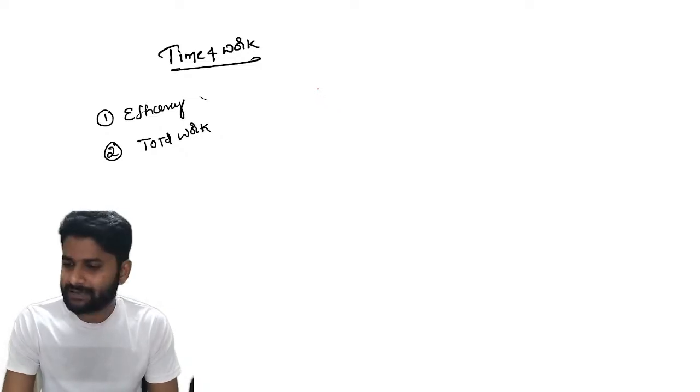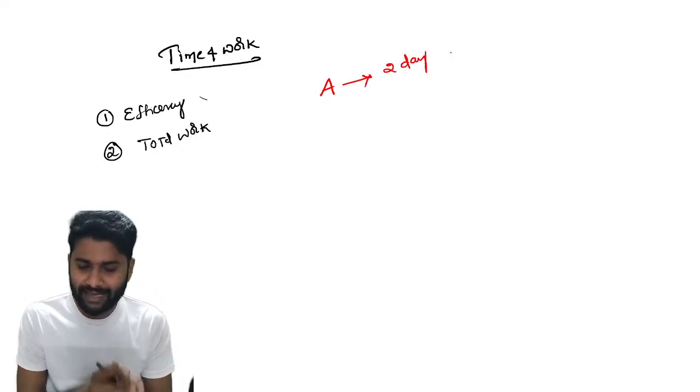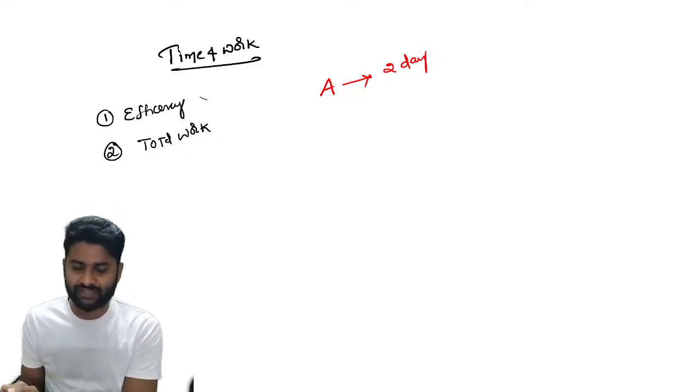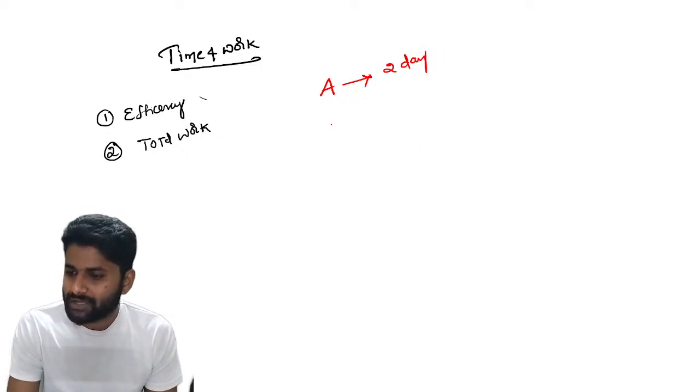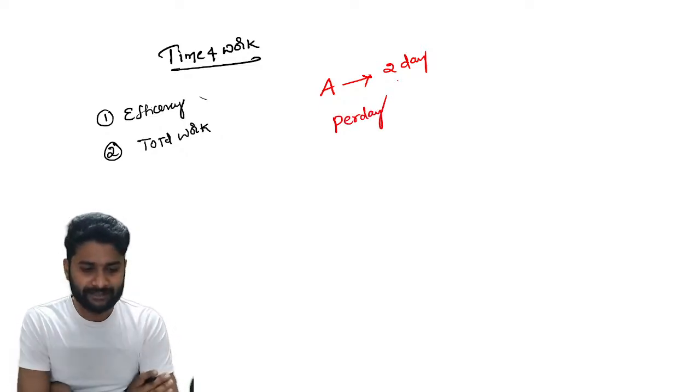First of all, please answer this question. Let's take person A. A can complete the work in 2 days. Guys, here is the question: A takes exactly 2 days to finish this work. My question, what is the work he completes per day? What is the per day work?